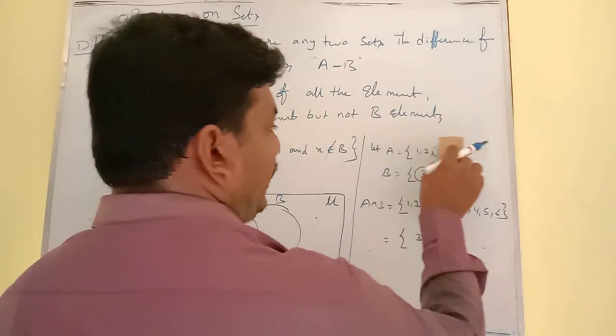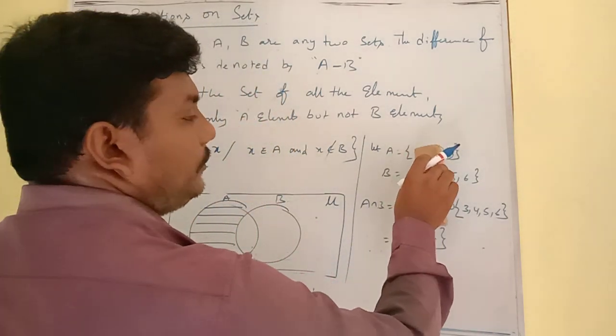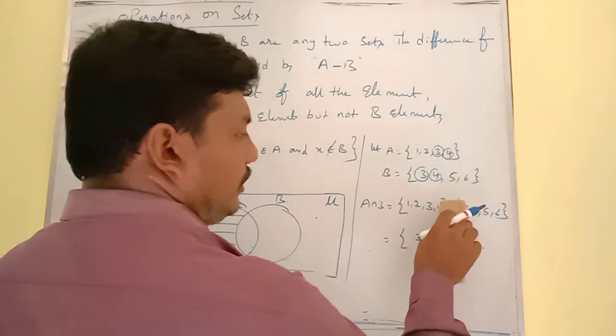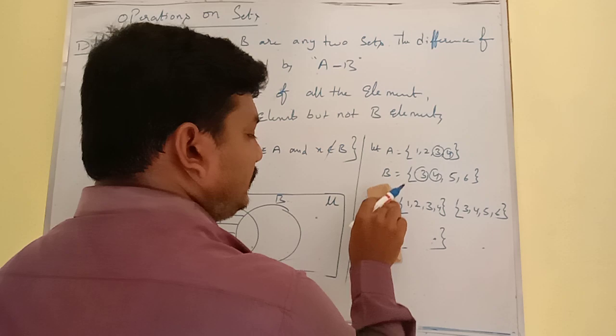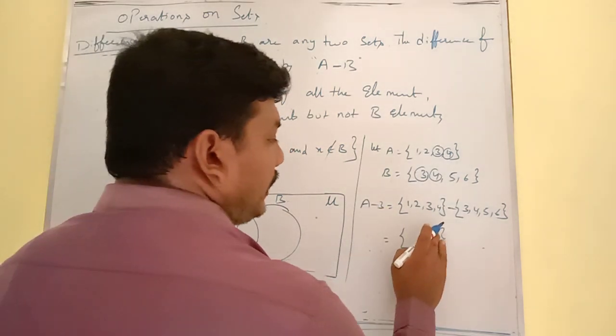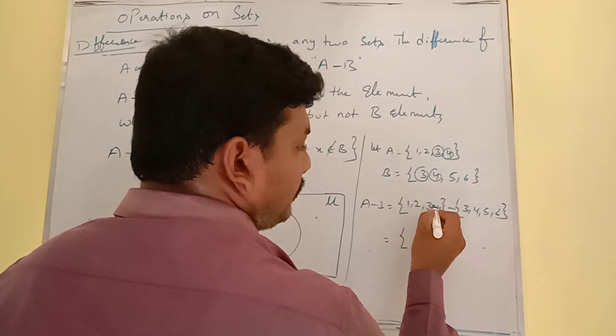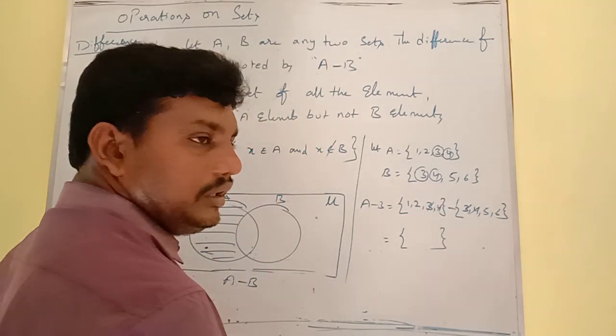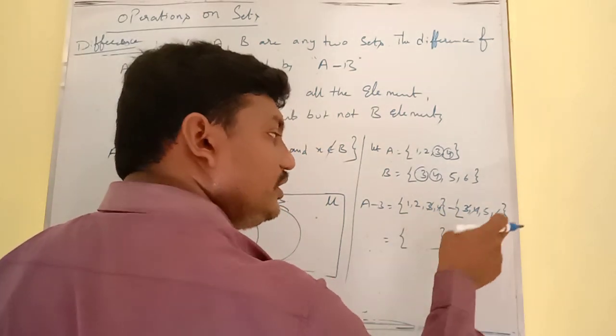Then A is 1, 2, 3, 4 and B is 3, 4, 5, 6. Same example we have to consider. If you take the minus symbol, that is subtraction. So we can see only A elements, because the common elements we have to remove. These elements are inside B also.